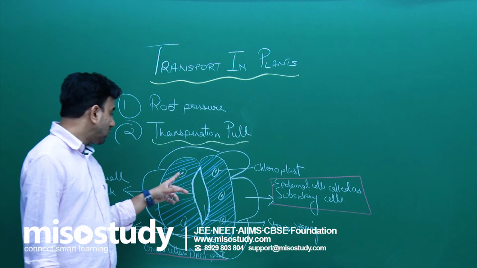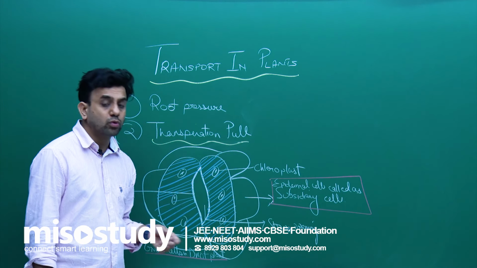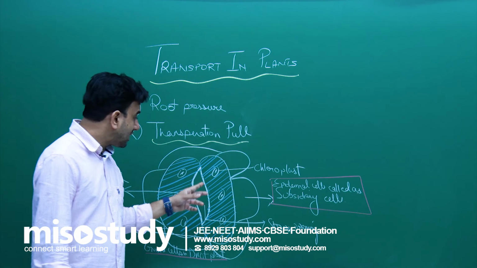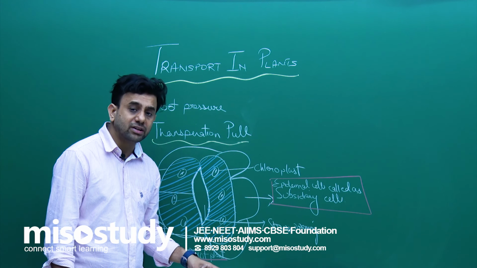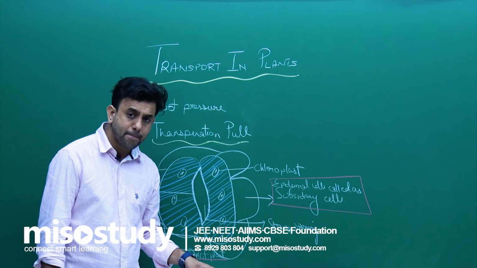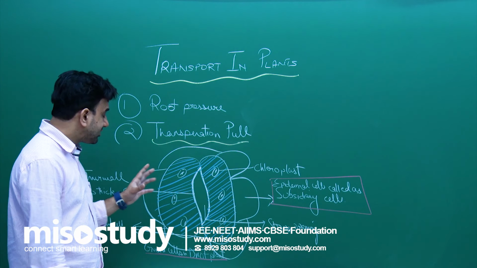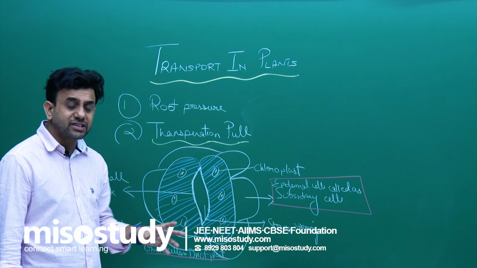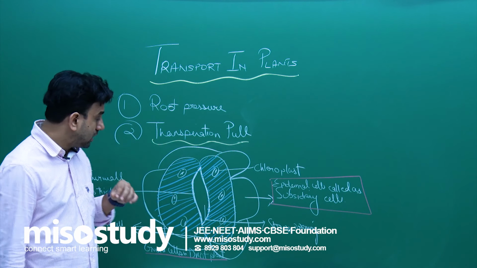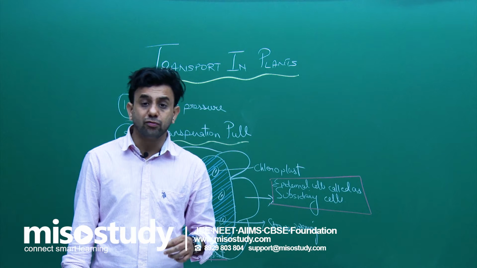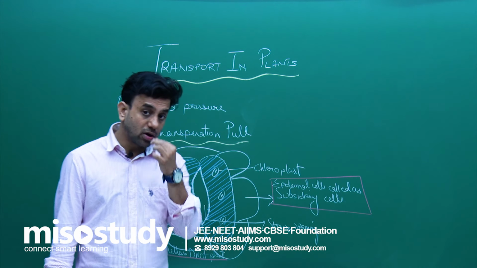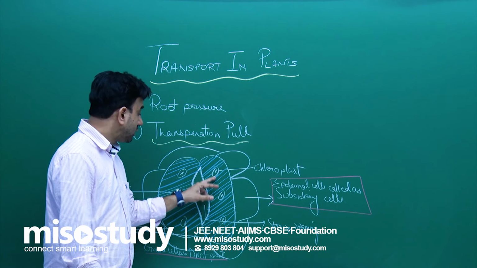One says that the guard cells have chloroplasts, and these chloroplasts are absent in the epidermal cells or subsidiary cells around these guard cells. So this hypothesis particularly says that these chloroplasts in the guard cell perform photosynthesis because of the chloroplast.